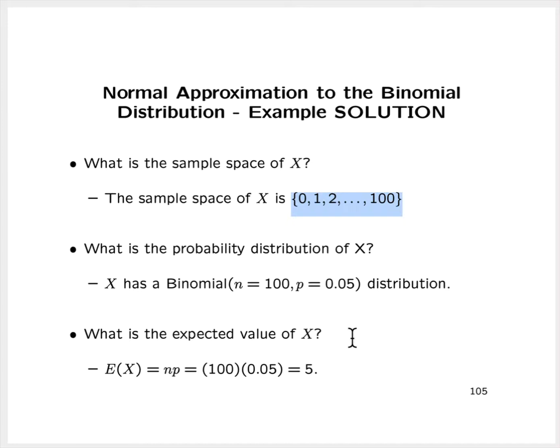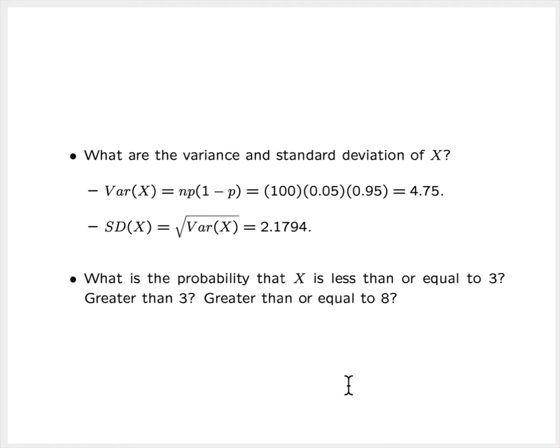Now, what is the expected value of X? Well, the mean of a binomial random variable is n times p, and so the expected value of X is 5. What are the variance and standard deviation of X? Well, you'll remember from your methods class that the variance of a binomial distribution is n times p times 1 minus p.